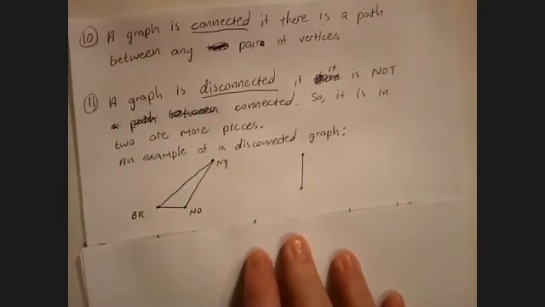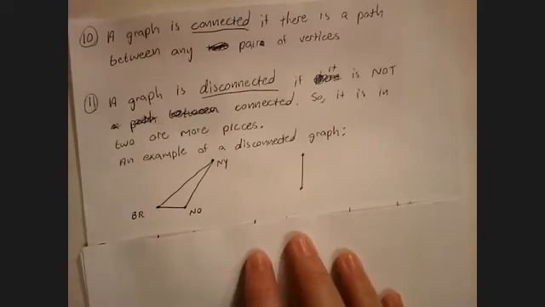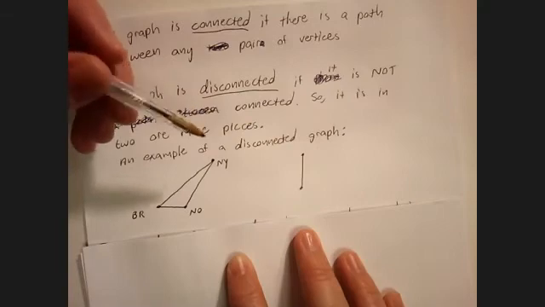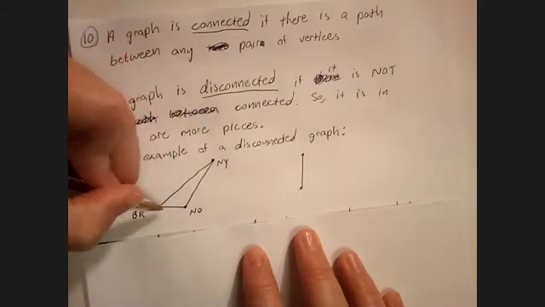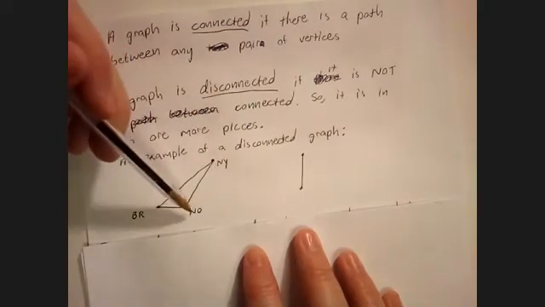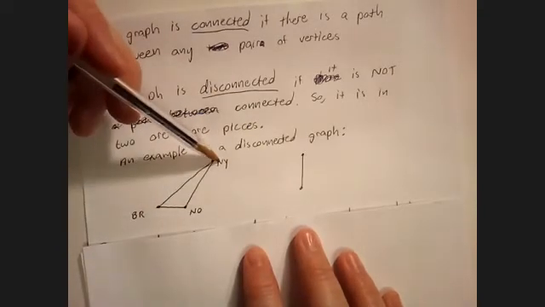Since I said that the vertices are typically a single letter, I could relabel these as A, B, C. But if I'm going to give these names, this is New Orleans, Baton Rouge, and New York.